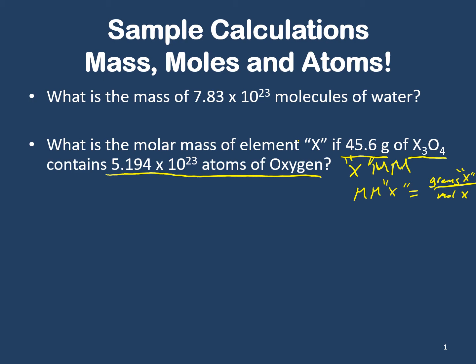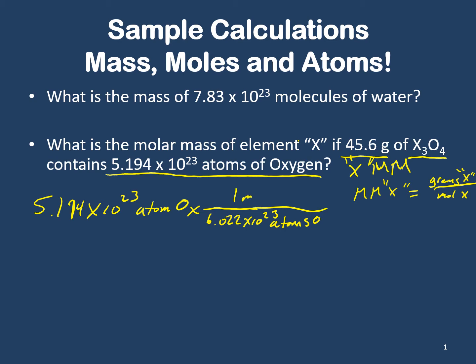So I need these two values. Let's start with moles of X. I know that 5.194 times 10 to the 23 atoms of O are present, and I can divide by 6.022 times 10 to the 23 atoms of O per mole of O. After that, I can get moles of O down here, and I can go to moles of X up top.